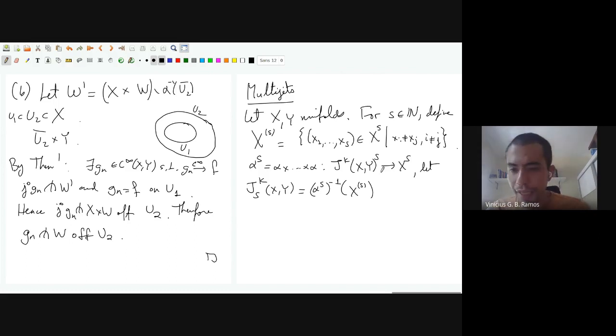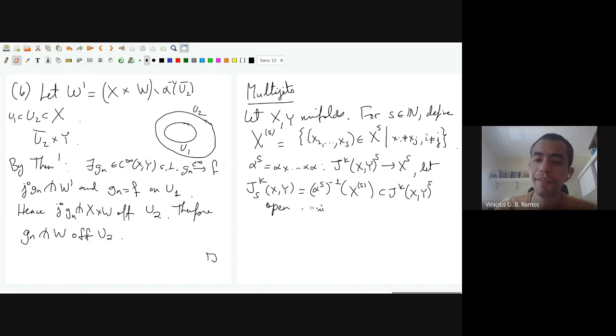Okay, so this is a subset of the set of k jets to the s, and it's open with the product topology. So this is an open manifold. I mean, it's open, so it's a manifold. Let me just say it like this.